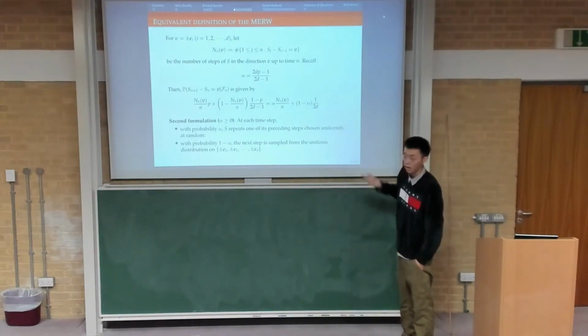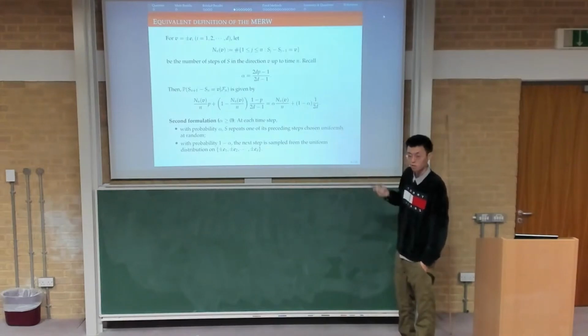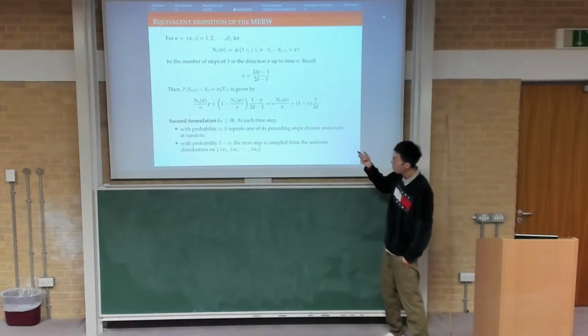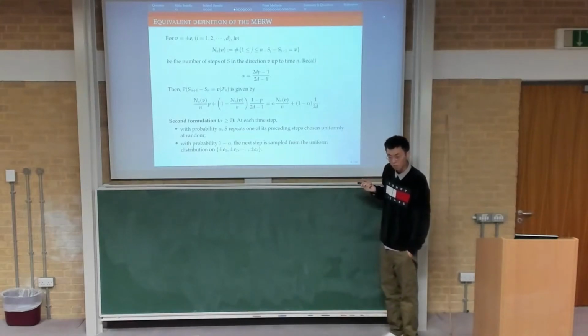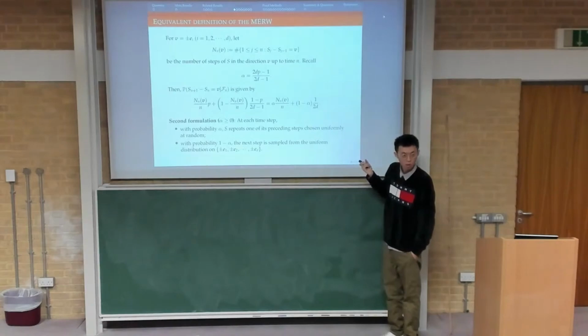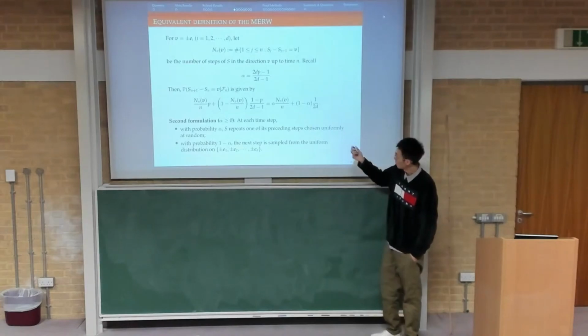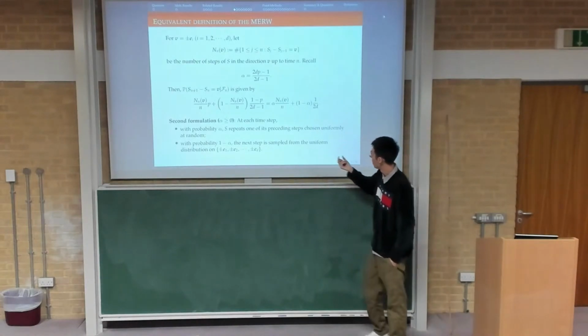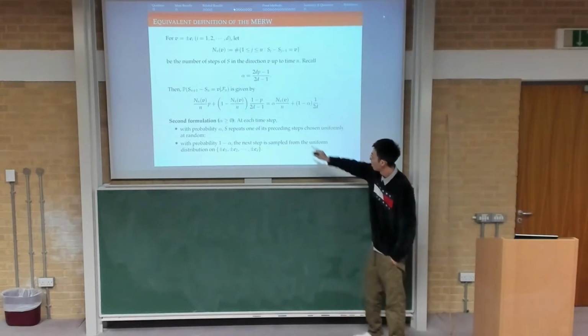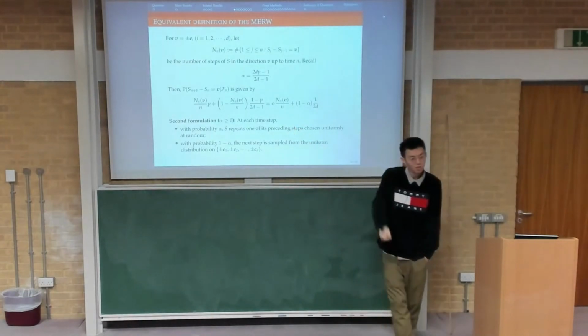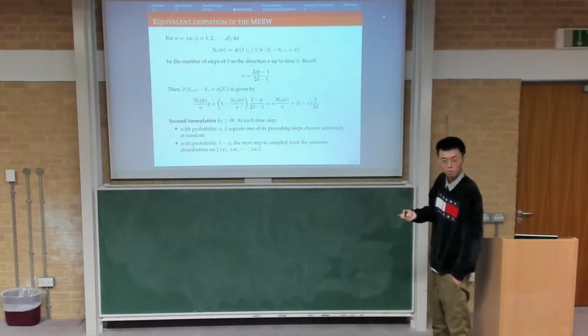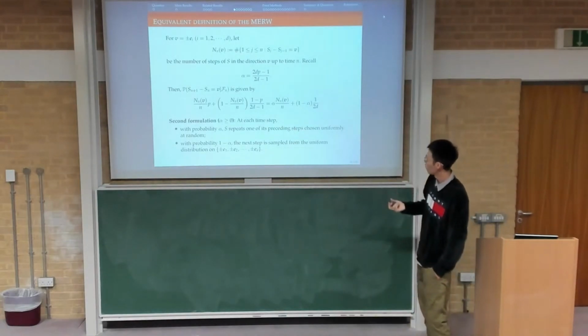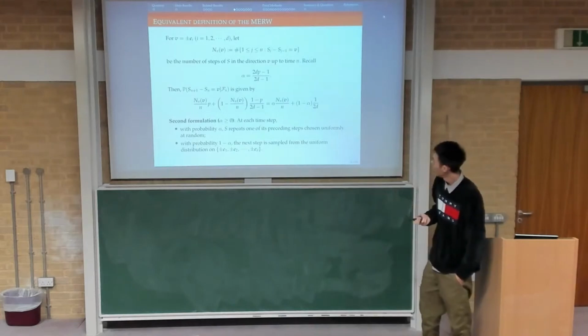So basically we give a second definition of the elephant random walk using a new parameter alpha. When alpha is non-negative, it has a clear probabilistic meaning. With probability alpha, we choose one of the previous steps uniformly.